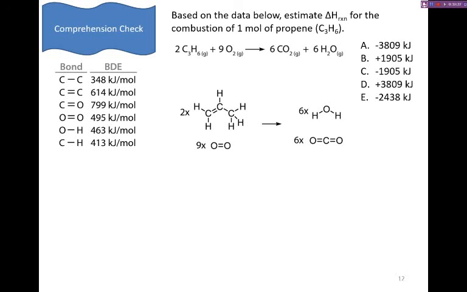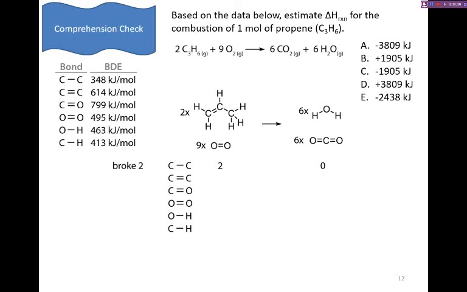Then we sum up the bonds broken and bonds formed. We have our different bond types represented, and then we can go through. We have 2 carbon-carbon single bonds in our reactants and none in the products. So we break 2.